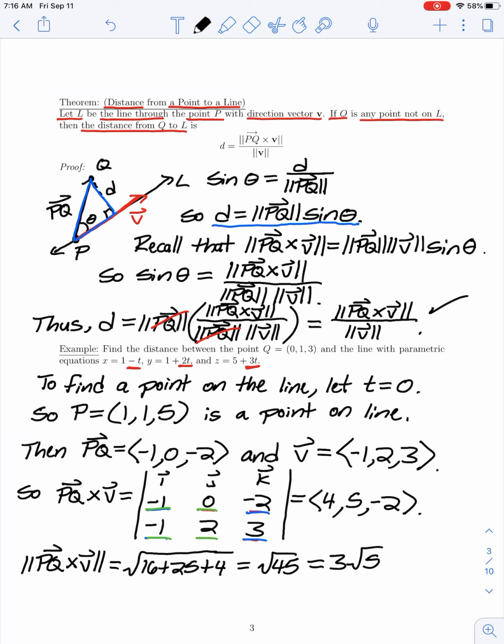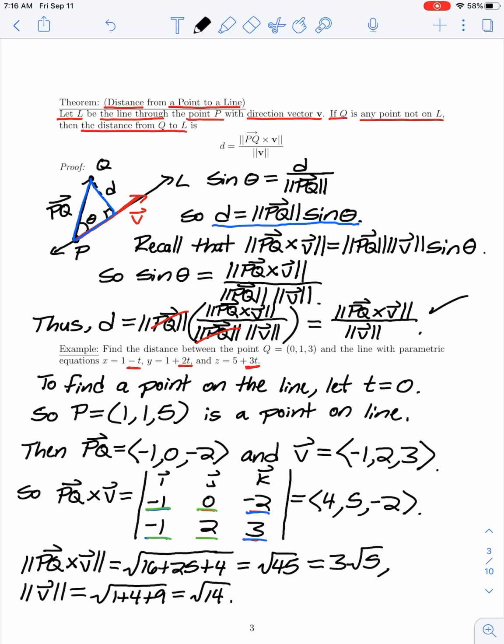And we also need the magnitude of the vector v for the denominator of our distance formula. So looking at the magnitude of the direction vector v, we would have the square root of 1 plus 4 plus 9, or root 14.